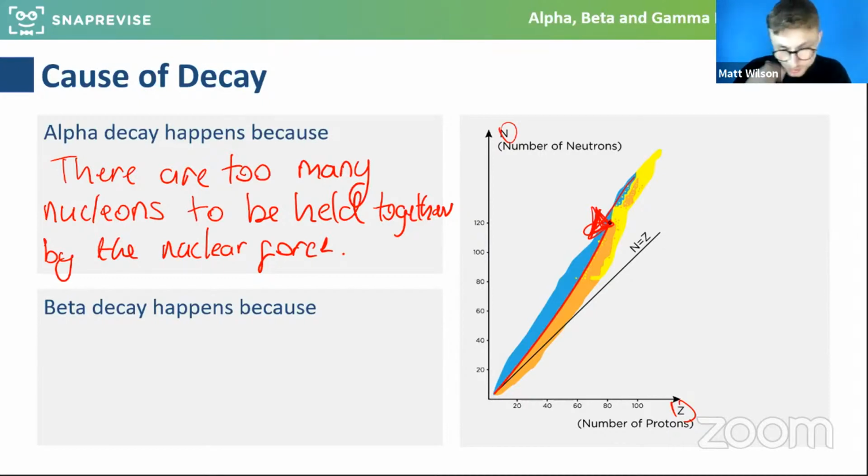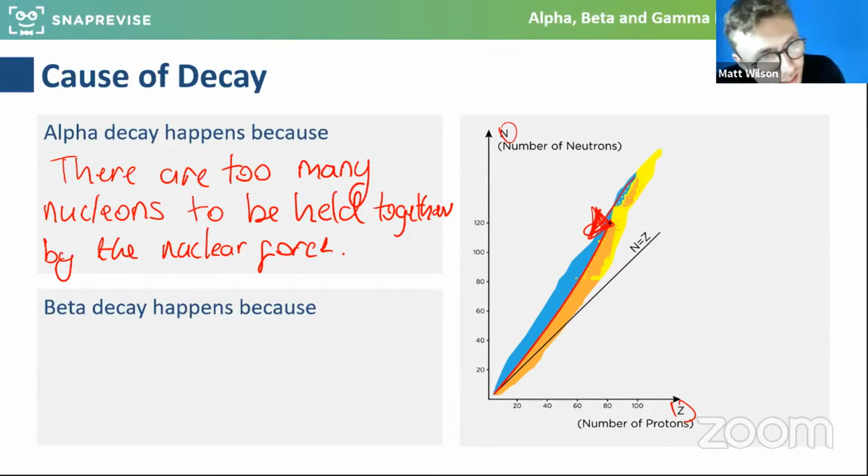Okay. Now, not only is just having too many particles a problem, having an imbalance of particles is also a problem. And that's where beta decay comes in, because beta decay is all about trading protons for neutrons or vice versa.